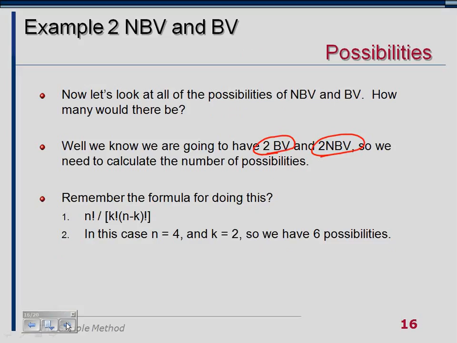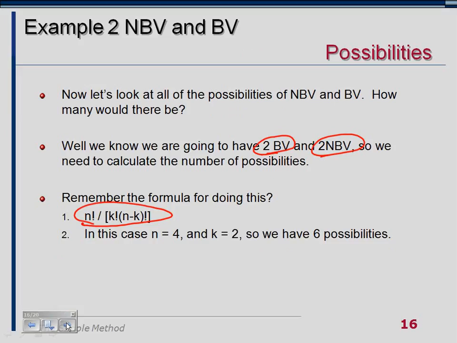So let's calculate the number of possibilities for doing this. Well, I'm sure all you guys remember this formula, right? Basically, here's what I'm saying. You got 4 colored balls, and you want to organize them 2 at a time. What are all the possible combinations?